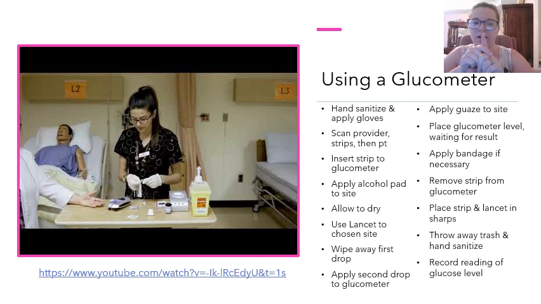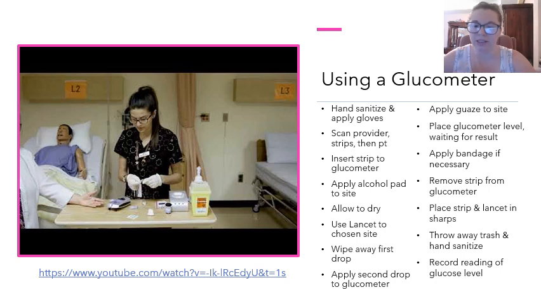The first drop might be altered because of alcohol that's still on the area, might be altered because the superficial blood isn't a good reading. So the second one, you're getting more of the central blood and has a better reading on that glucose result.